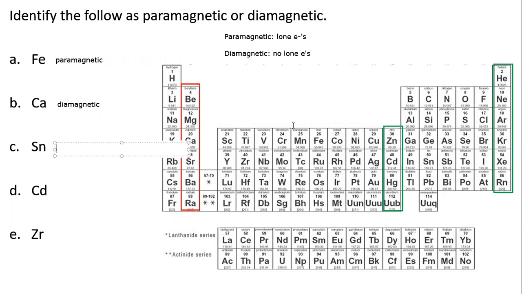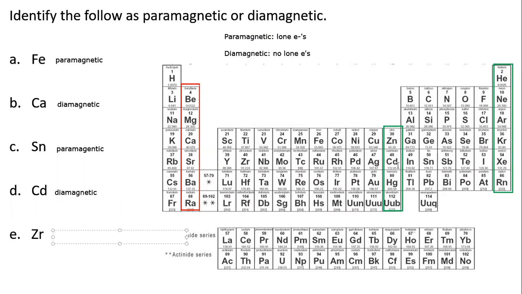Tin is not in one of these three groups, it's in group 14. This would be paramagnetic. Cadmium is in the group with zinc, so this would be diamagnetic. And then lastly, zirconium is located here.